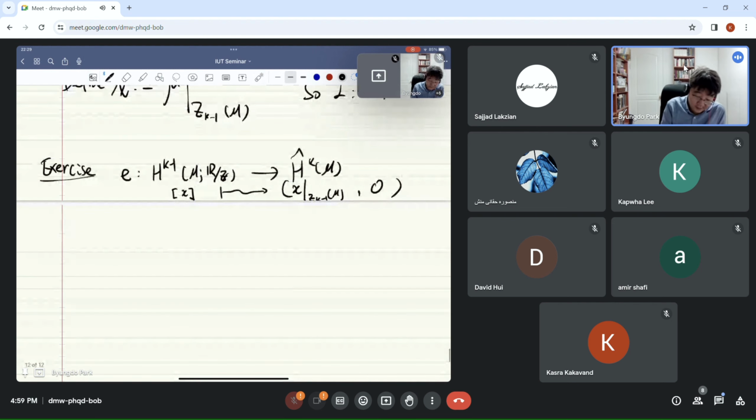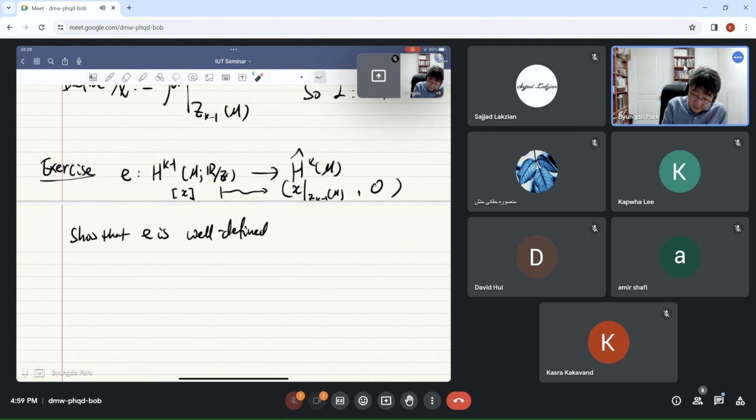Okay. Then what you have to do is show that E is well defined. So to define this map, you have to make a choice, but it is almost obvious that this map doesn't depend on your choice. For example, if you take x plus delta y, the delta y actually gets killed.